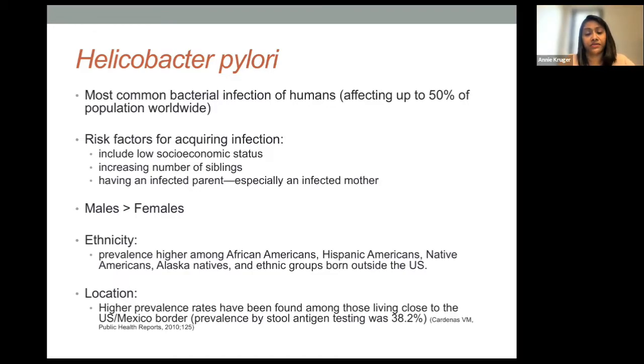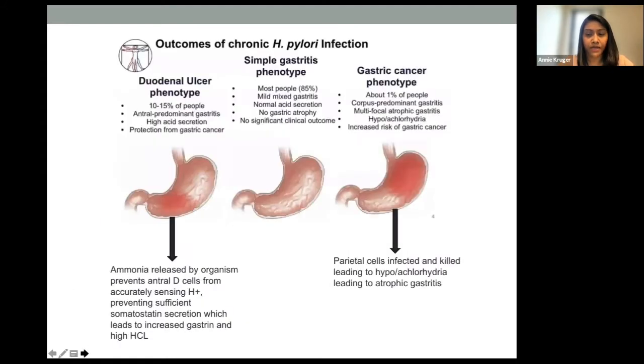Again, higher prevalence rates are noted in patients who are living close to the US-Mexico border, as much as almost 40%. Not that we need to worry about that, but we can get people who've moved from those areas, and so if they're presenting with pain and that they've moved from that Texas region, you want to make sure you're including this on your differential.